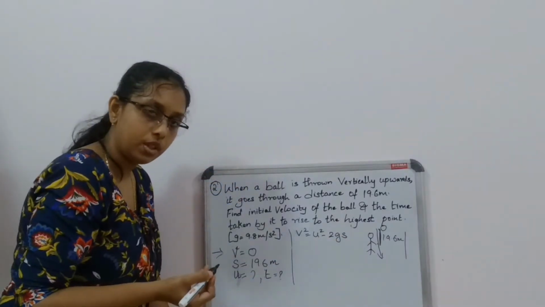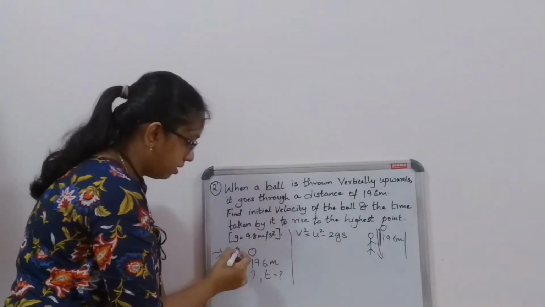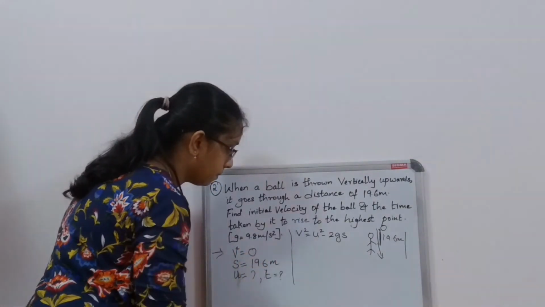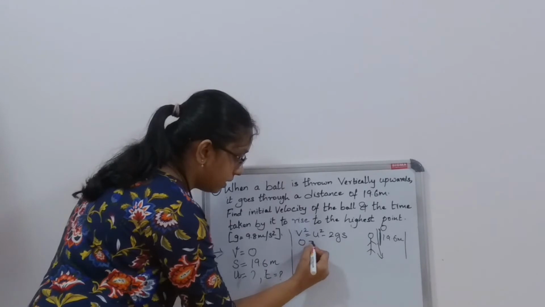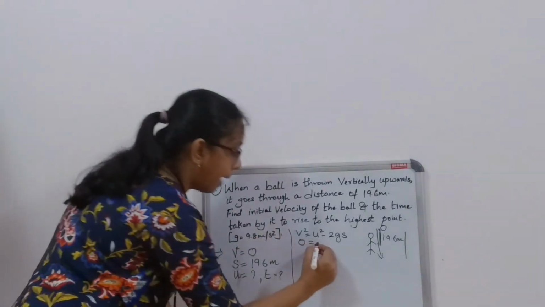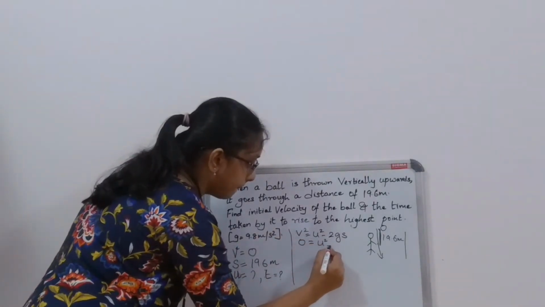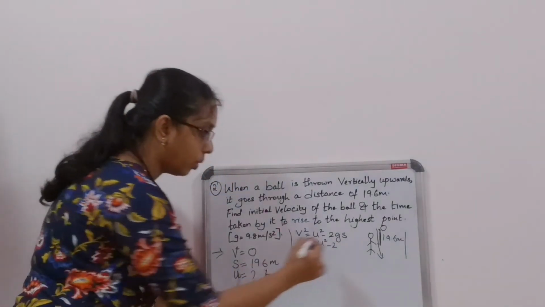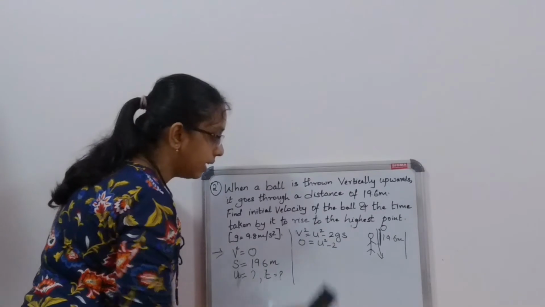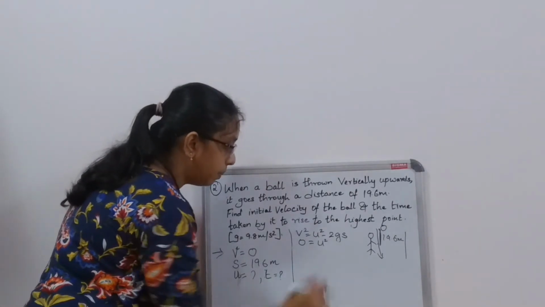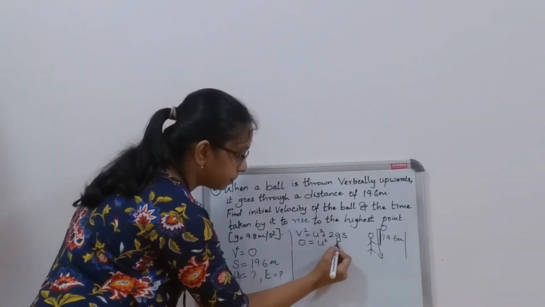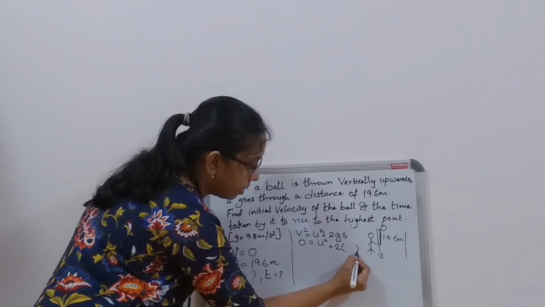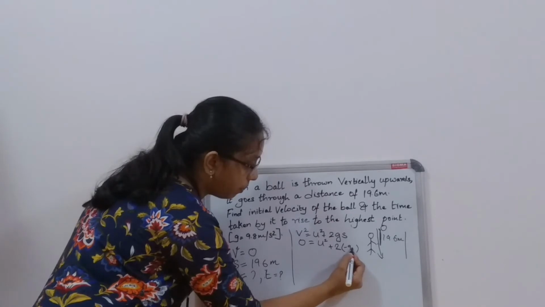Let us now substitute into our equation. v is nothing but 0 here, 0 is equal to u, which we have to find out, minus, or else you can write it like this, keeping the plus sign here, 2 into g, which is minus 9.8.